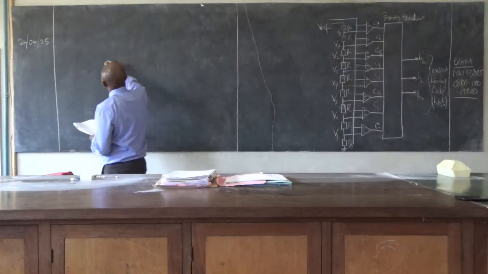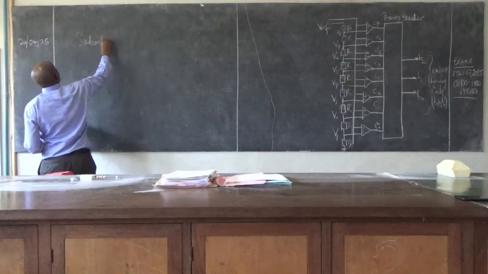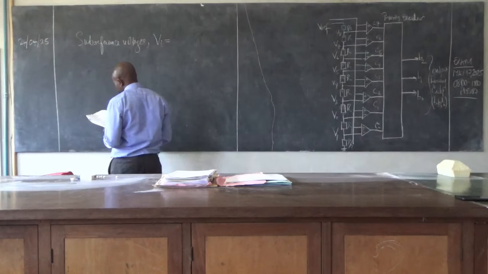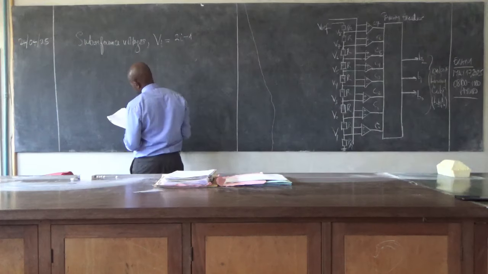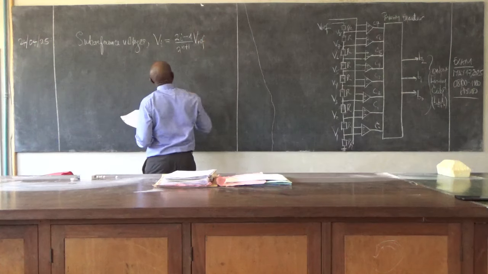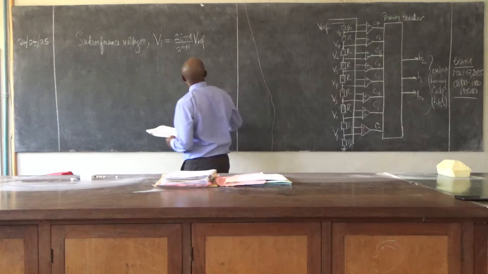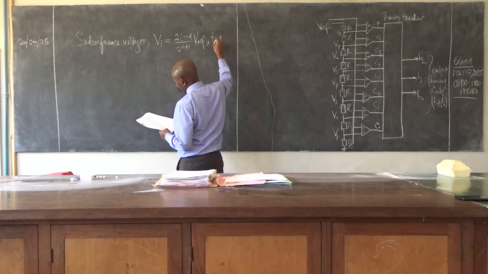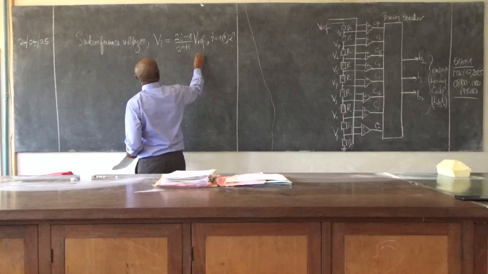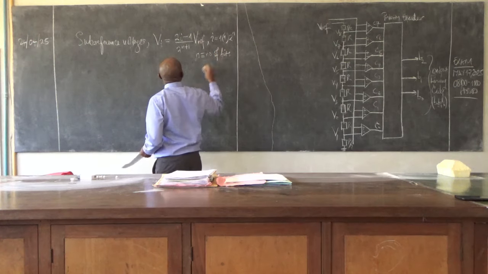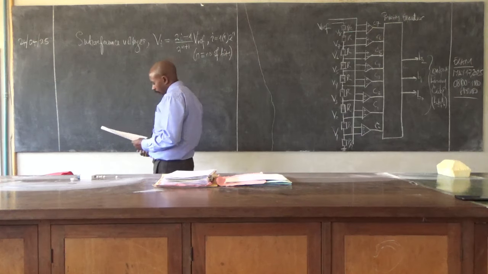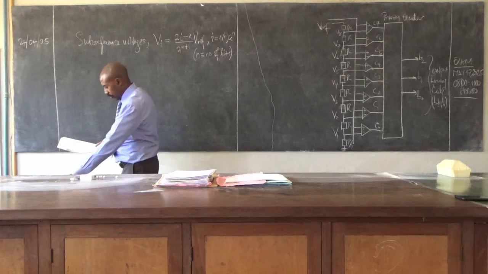So the sub-reference voltages VI are given by (2I minus 1) over 2 to the power n plus 1, times the reference voltage, where I goes from 1 in steps of 1 up to 2 to the power n, and n is the number of bits that we are trying to convert our analog signal to, in the process of converting our analog signal to a digital signal.